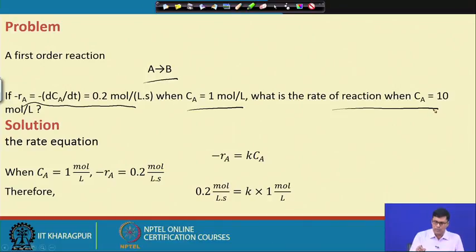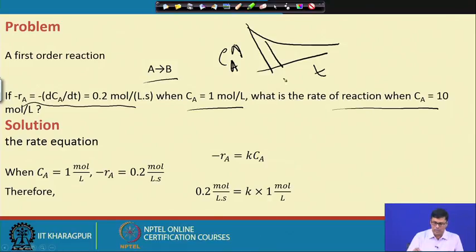So, one condition is there. Suppose we know the Ca versus time actual profile is like this. In this problem, we have different concentrations, and you have to find out the rate of reaction.